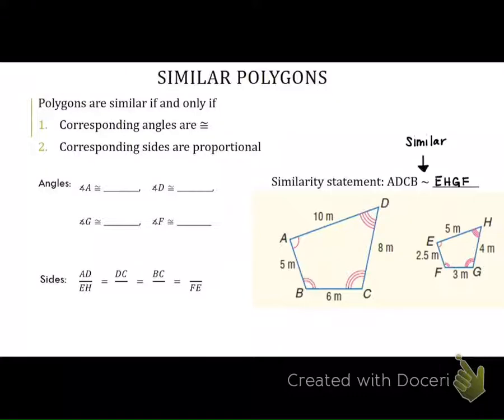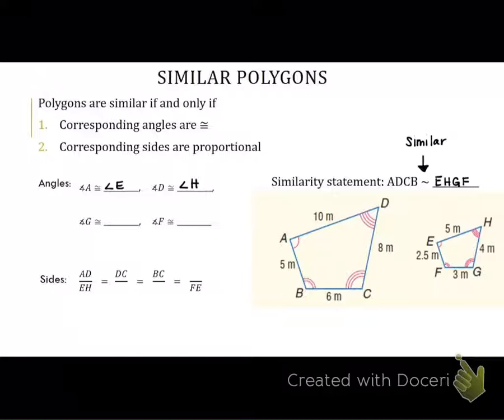So one of the things it says is that all the angles are congruent. So the corresponding angles are congruent. So angle A, Morgan, is congruent to angle E. And Logan, angle D is congruent to angle. And Katie, angle G is congruent to angle.